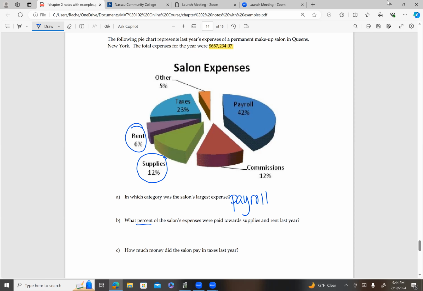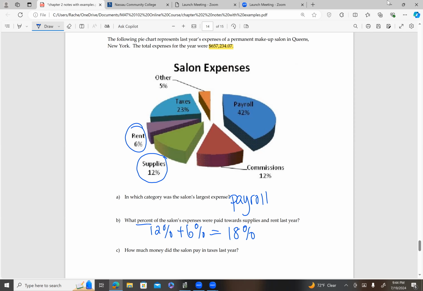Supplies was 12%, plus rent, which is 6%. If we add them together, we're going to get a total of 18%. So these pie charts aren't very difficult to read and interpret. They're pretty straightforward. You just have to pay attention to what the question is asking for.